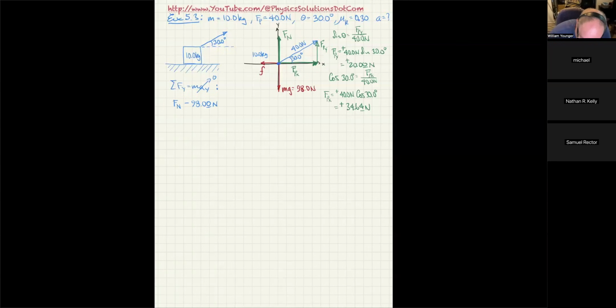So in this case, we're just going to write it as plus Fp sub y, and we already determined that Fp sub y was 20.00 newtons. All that equals 0, and we can solve therefore for the normal force, and we get the normal force is equal to 98.00 newtons minus 20.00 newtons, which equals 78.00 newtons. So that's what our normal force is.